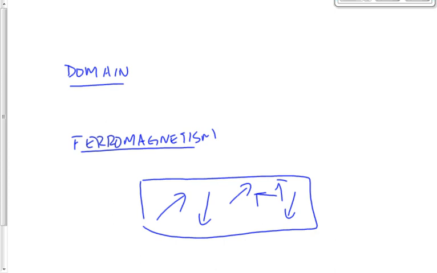Think of your desk right now before you do anything to it to magnetize it.